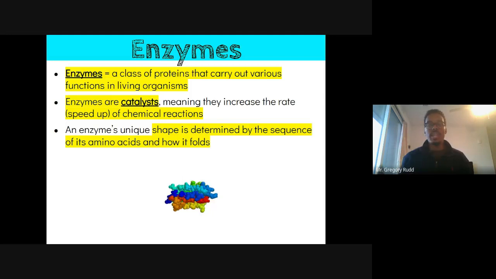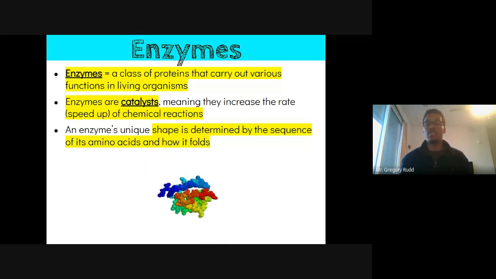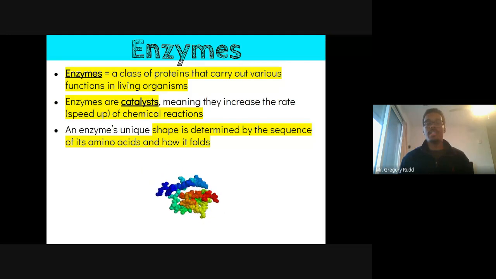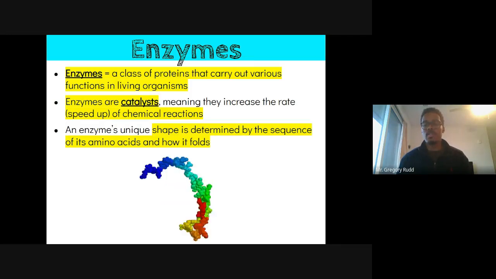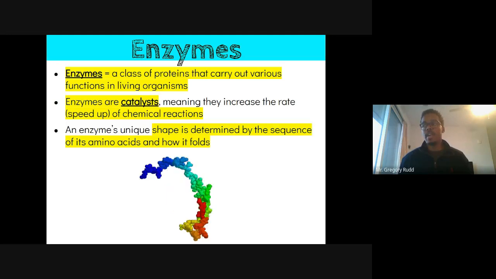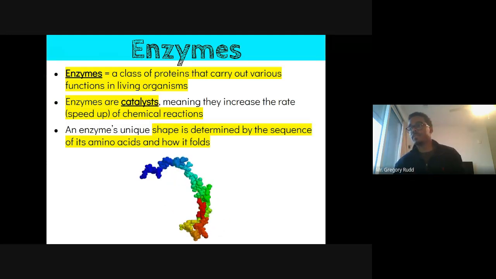If we had no enzymes, that would mean that even the signals in your brain would not travel as quickly as they do. That would mean that your food would not be digested as quickly as it is. That would mean that your muscles wouldn't be able to contract as quickly as they do. So we need enzymes to carry out our chemical reactions at a much faster rate.